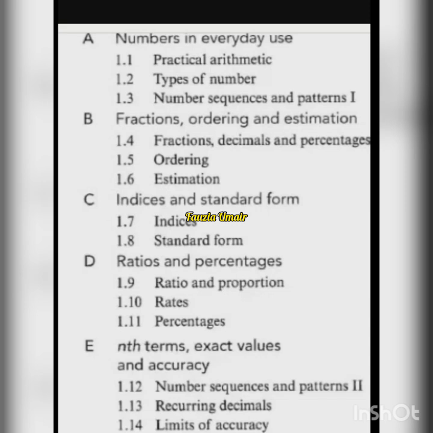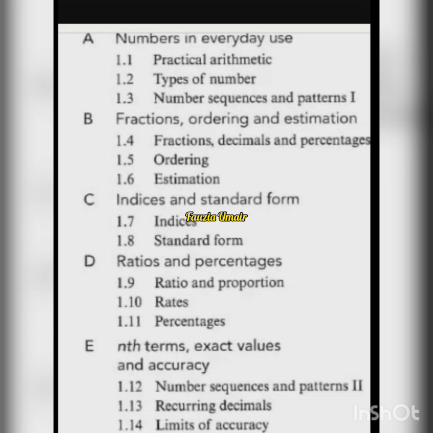So in the meanwhile, I'm opening the next PDF, which is number sequences. Number sequences are there in two positions. One is 1.3, where there are number sequences and patterns, and the other is in the E part, where there are number sequences and patterns too. So there are two types.